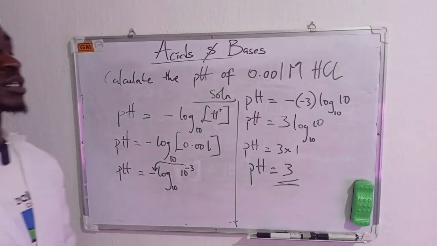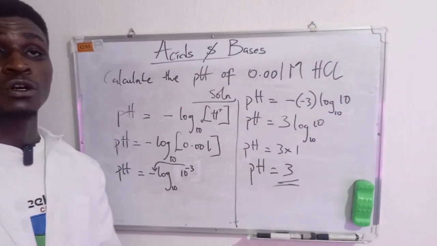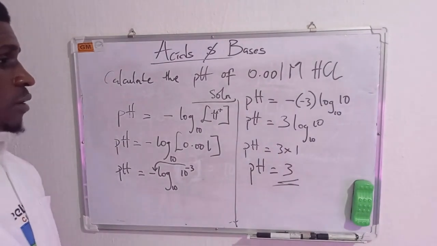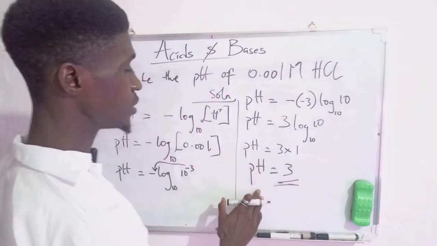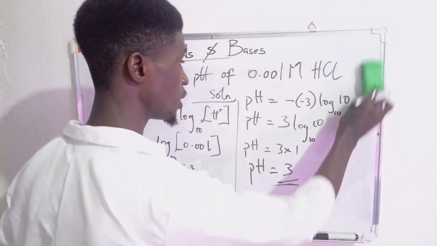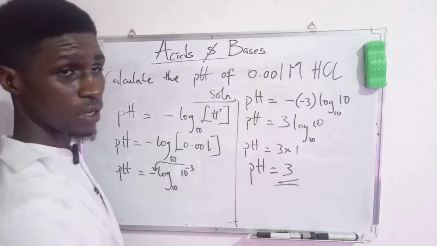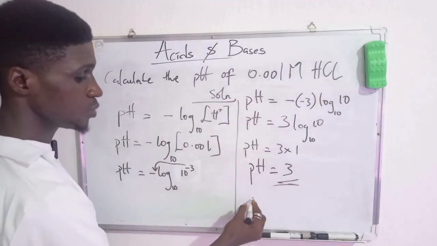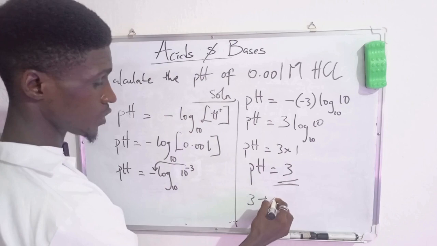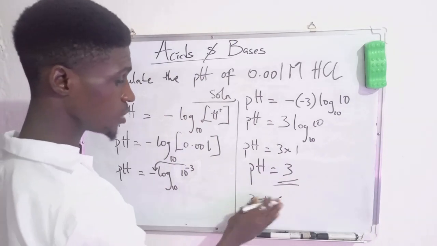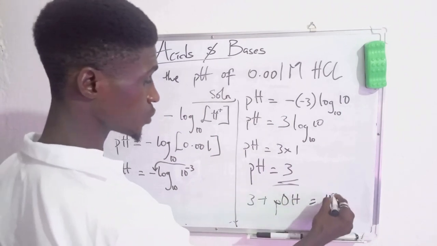This is also the same pattern you use to solve for pOH, for the hydroxyl concentration of a base. So this is the same pattern, it works for everything. So to know the pOH of any substance that will neutralize this particular concentration of acid, it will be given as 3 plus the unknown, for it to be equal to 14.